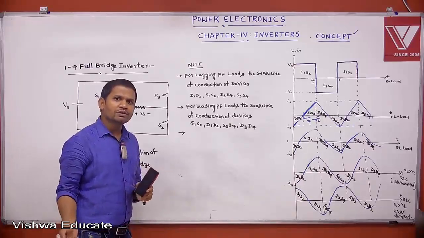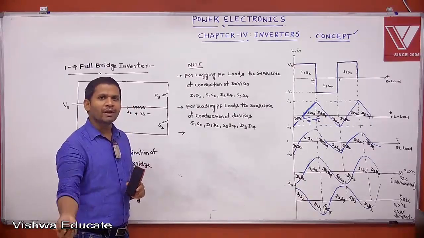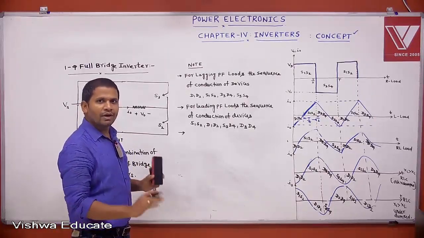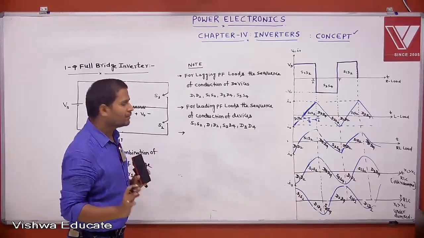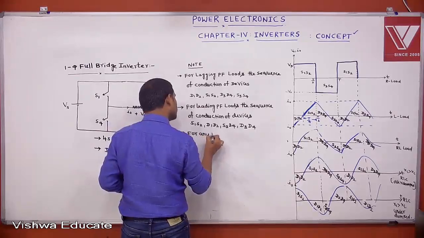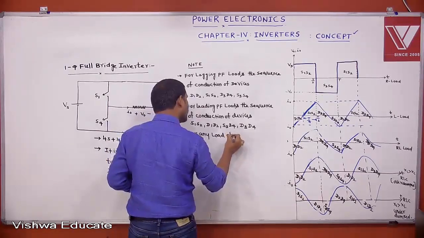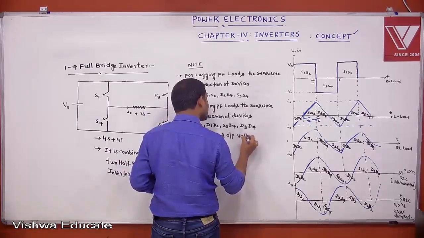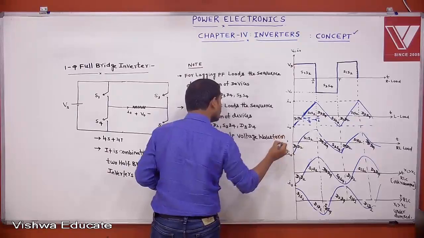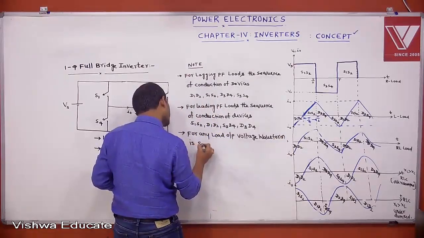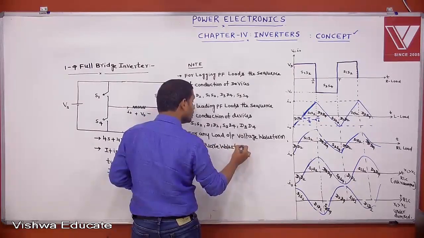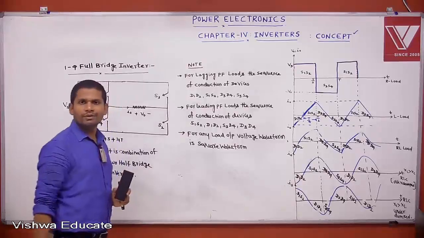For any load, because it is a square wave inverter, the output voltage waveform is a square waveform.